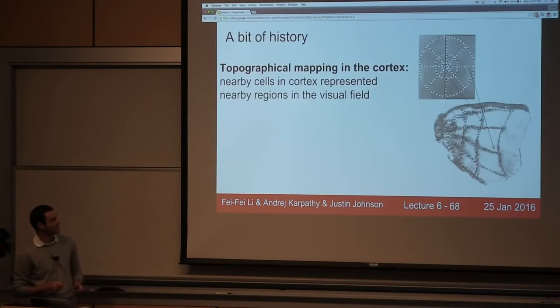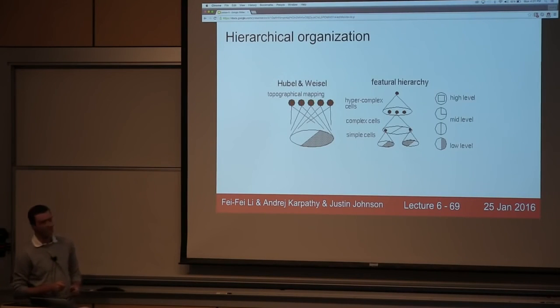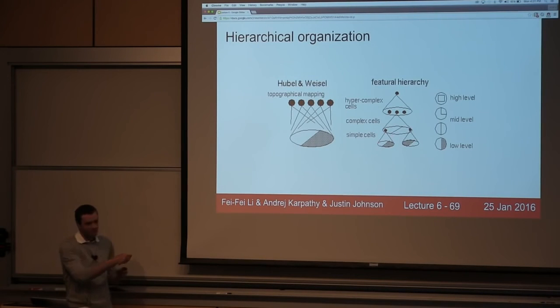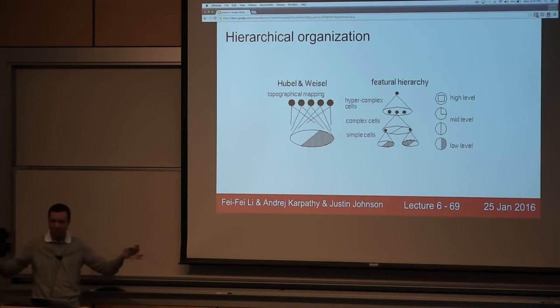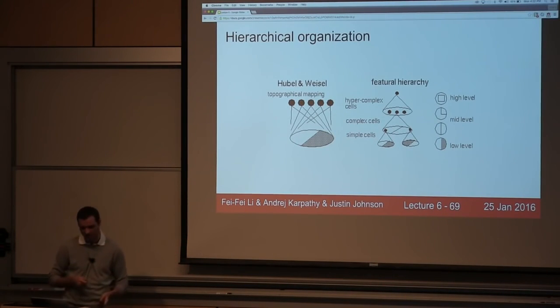So they hypothesized through all of these experiments that the visual cortex has this kind of hierarchical organization, where simple cells feed into other cells called complex cells, and so on. These cells are building on top of each other. These simple cells in particular have relatively local receptive fields, and then we're building up more and more complex representations in the brain through successive layers of representation.